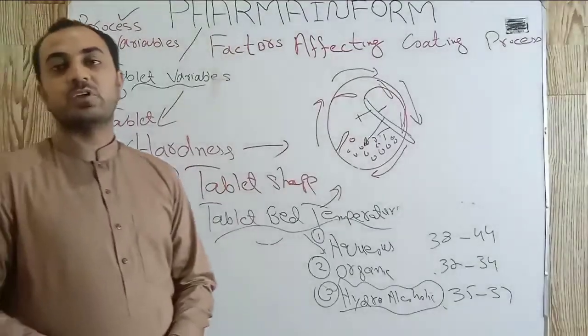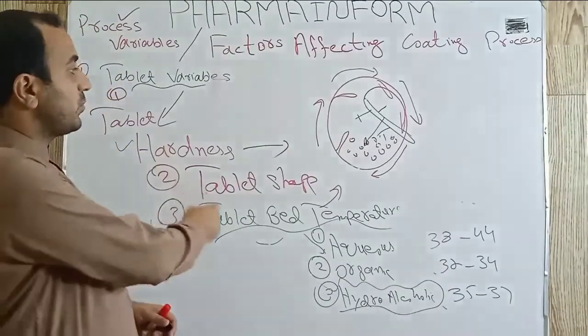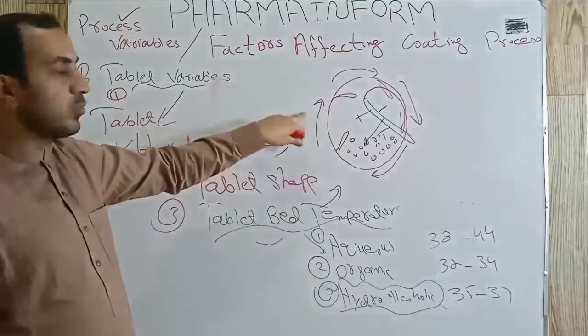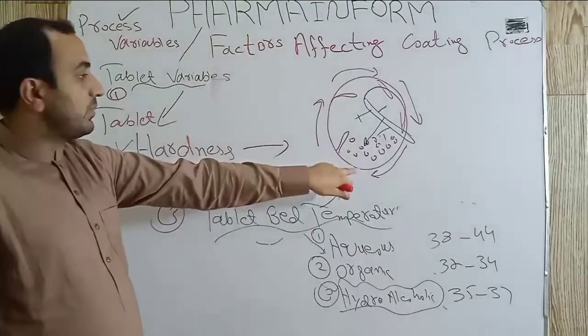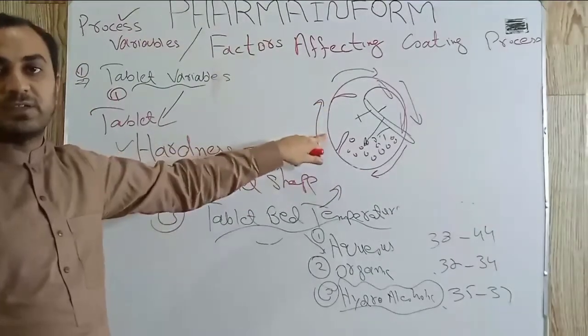As we know, our coating operation may last from 2 hours to 5 hours. For 2 to 5 hours, our tablet rotates in the coating pan, and strikes the baffles and the coating pan surface.